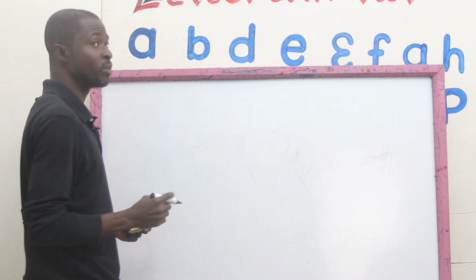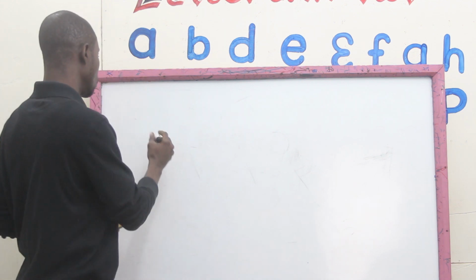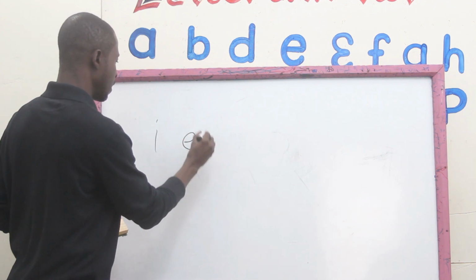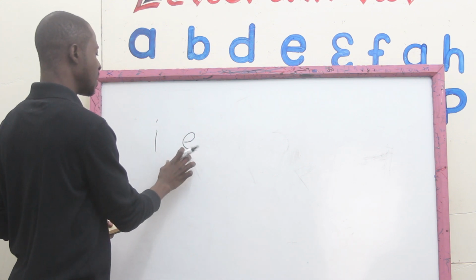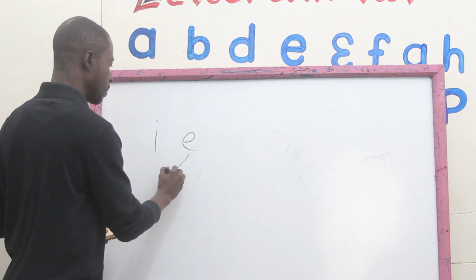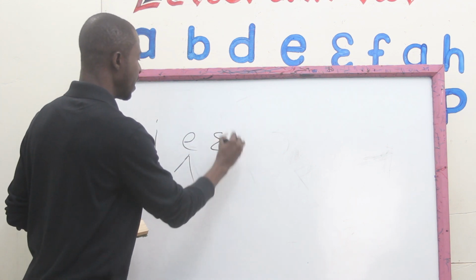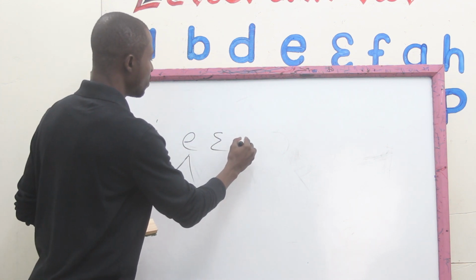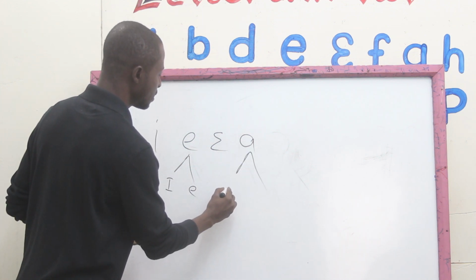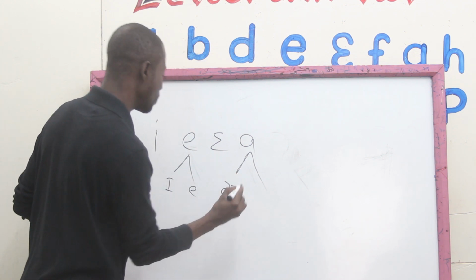As I said earlier on, in writing we have 7, but in pronunciation there are 10. So we have the I, we have the E, and this sound has 2 variants. Then we have the E. We have A. A also has 2 variants. I don't even really know how to write this one well, but this is how we write it.